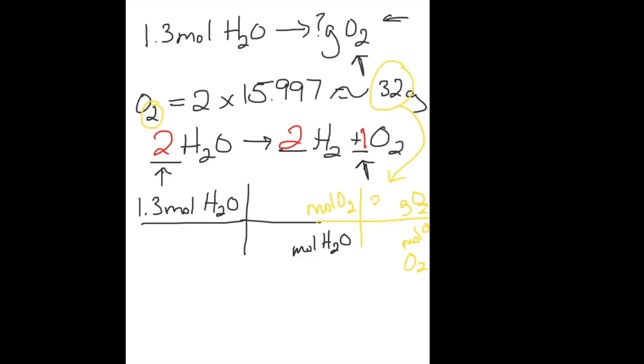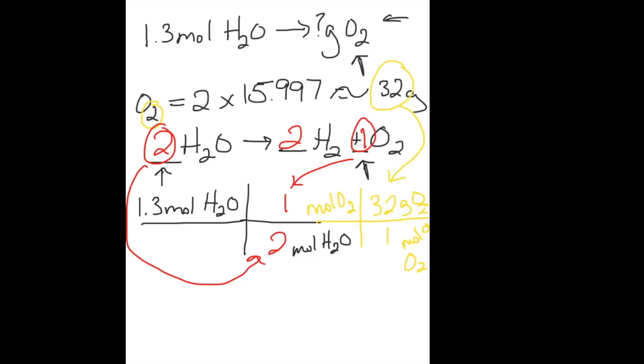So 32 grams goes there. Because I have my conversion factor of 1 mole is equal to the atomic mass or the formula mass, 1 goes down here. And then my coefficients from the equation, again, go in my mole to mole problem. So 1 mole of oxygen goes here, and then 2 moles of water goes there.